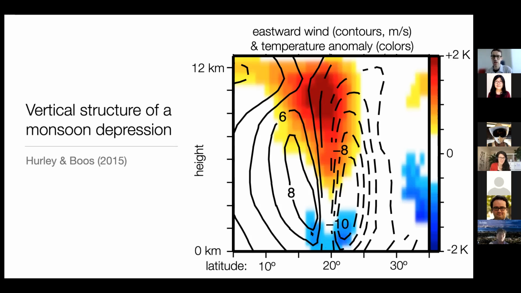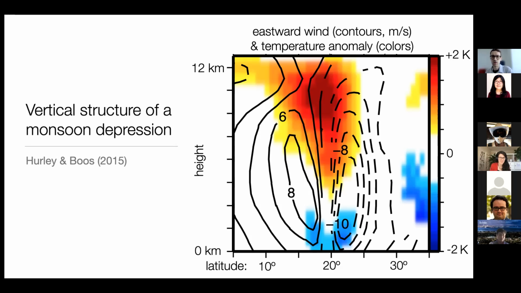You can see that there's a cold region in the lower atmosphere and a warmer region above. These storms have a cold core. This is very distinct from hurricanes or typhoons, which tend to be warm throughout their entire center at all heights.